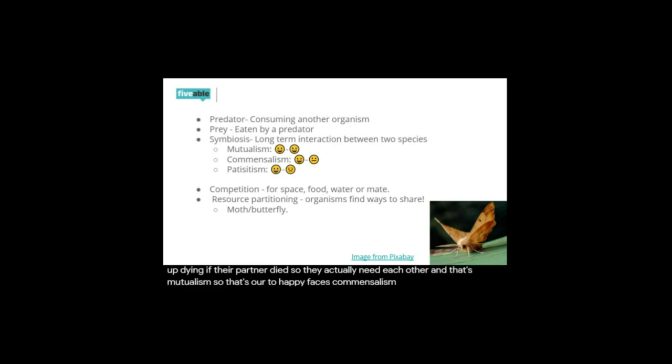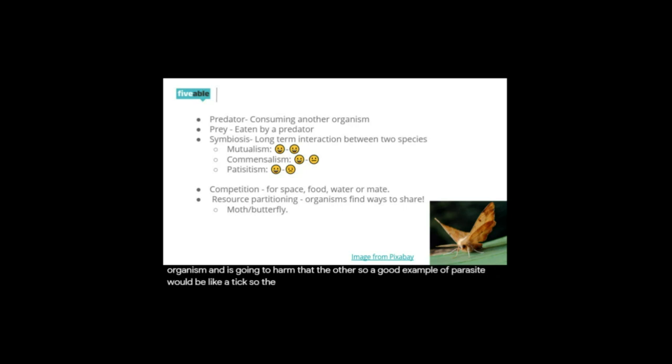Commensalism is where one is happy, it's really benefiting a lot, and the other one doesn't really care if the other one is there or not. So it's not benefiting from it, and it is not being harmed in any way either. And then the last one is supposed to say parasitism. Parasitism is one that is going to really benefit one organism and is going to harm the other. So a good example of a parasite would be a tick.